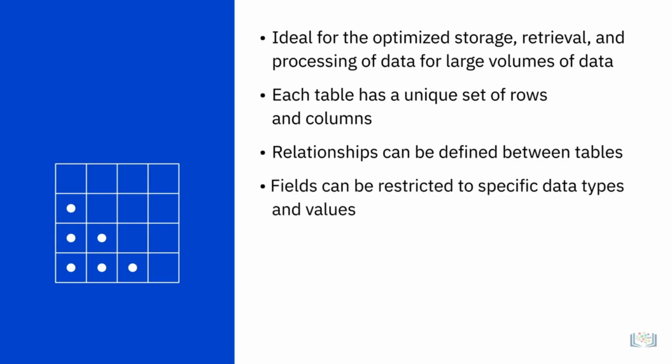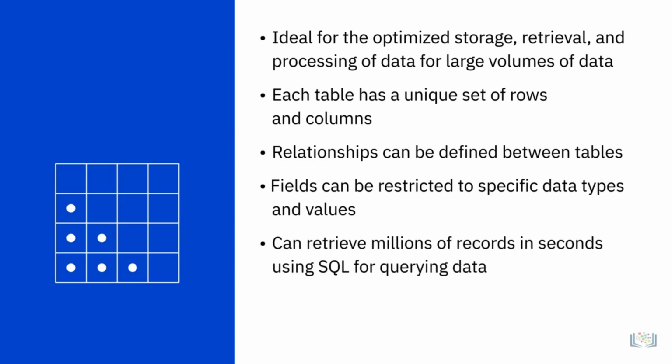Moreover, you can restrict database fields to specific data types and values, which minimizes irregularities and leads to greater consistency and data integrity. Relational databases use SQL for querying data, which gives you the advantage of processing millions of records and retrieving large amounts of data in a matter of seconds.